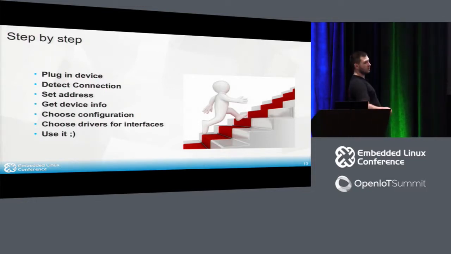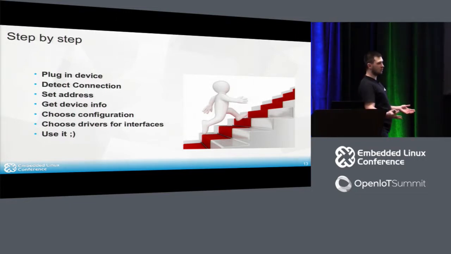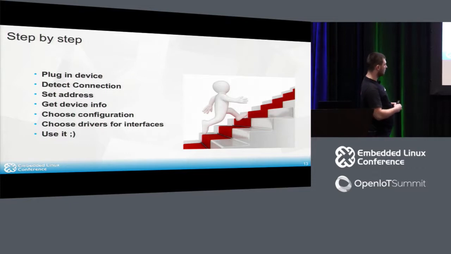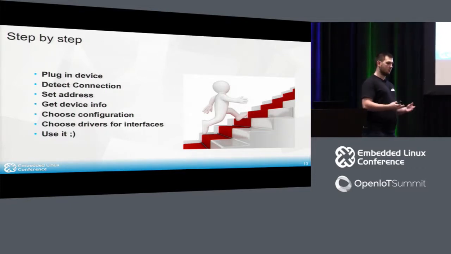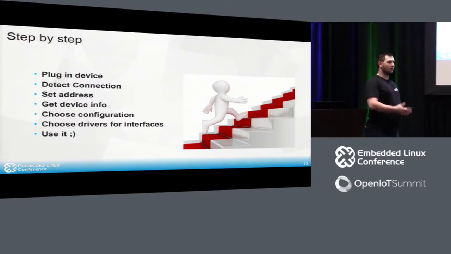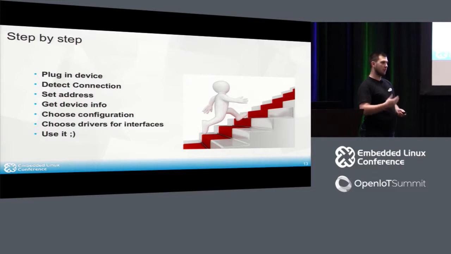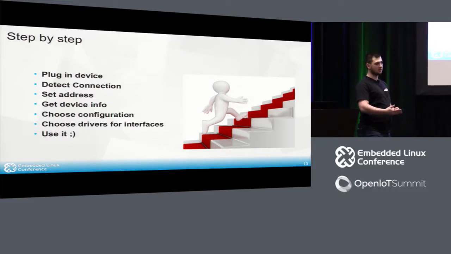If we know what our device offers, we may choose one of the available configurations. Then we need to choose drivers for each interface. In a Linux system, drivers which provide something to user space, which makes our device useful, are chosen for the interfaces, not for the device as a whole.